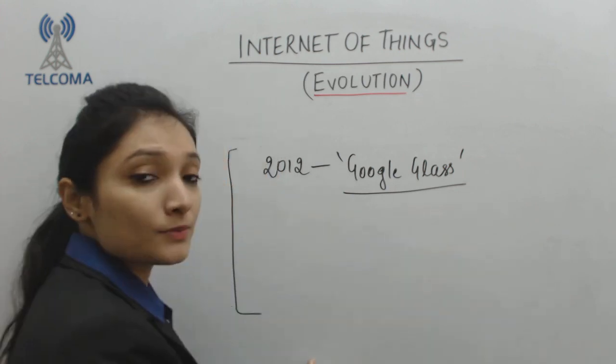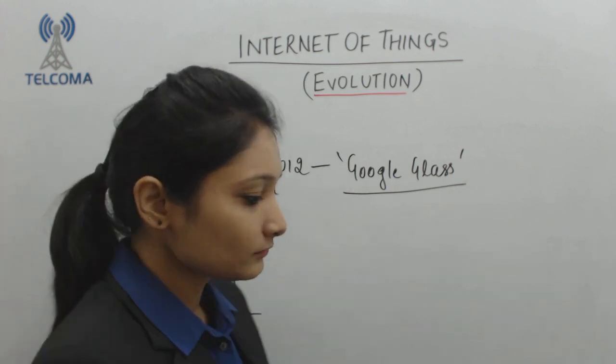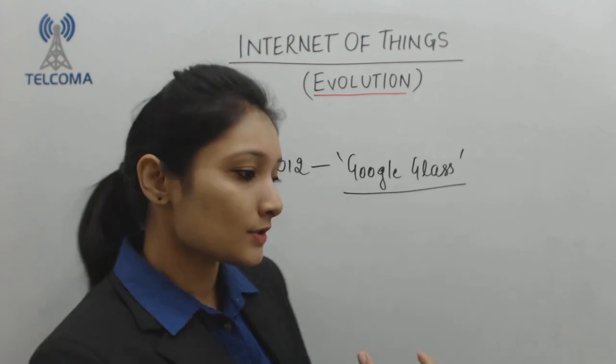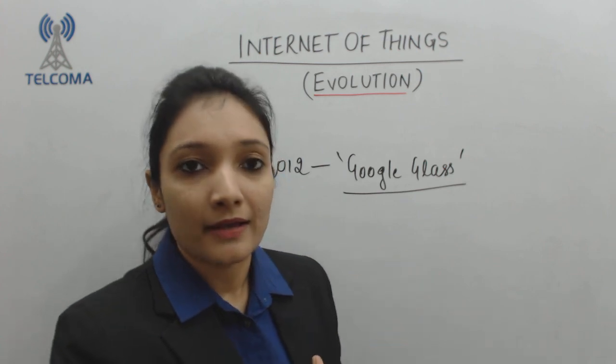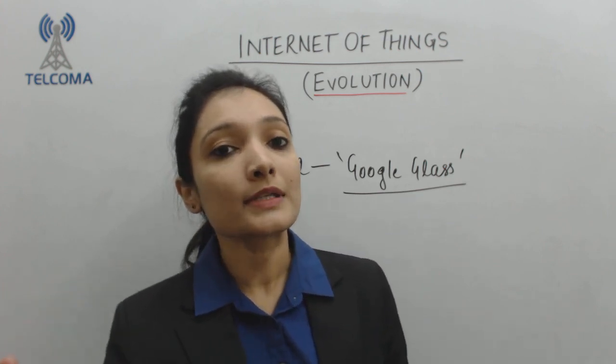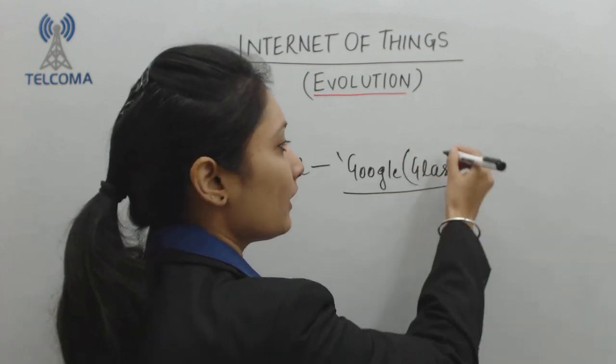Google Glass was basically a pair of glasses with an optical head mounted display, used to display things in a virtualized manner, and it is able to display information collected wirelessly on that glass.